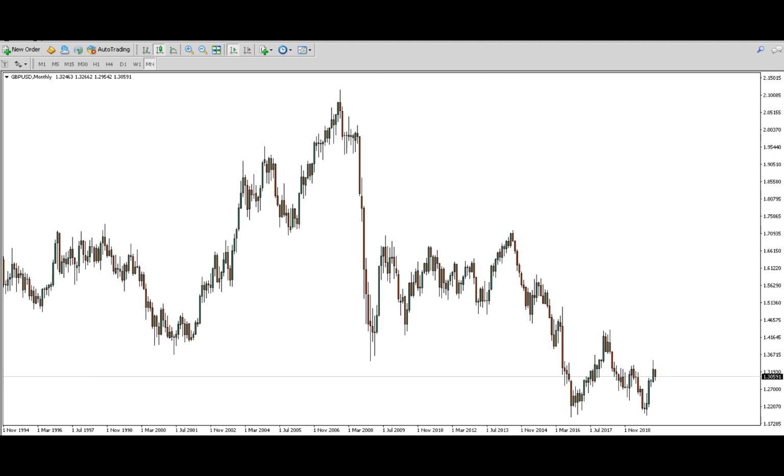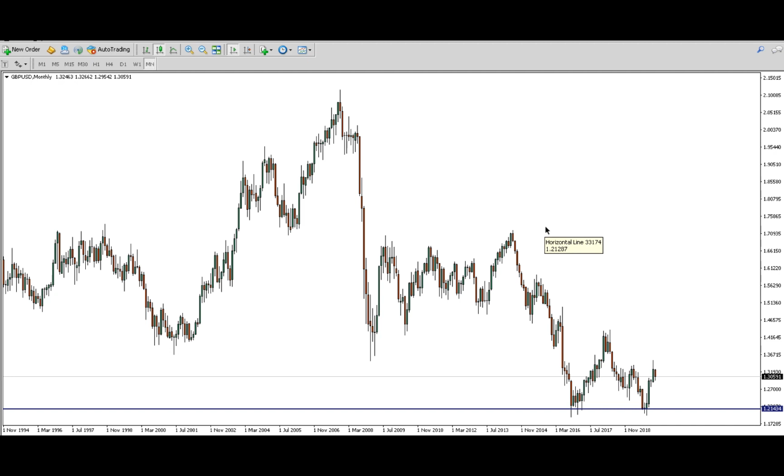So that's why I like to start on the monthly chart, because you can really see what is happening with the currency pair. So we know that we just tested this low that was very, very relevant, and so yeah, this rejection is very important. So well, we can keep it from there.